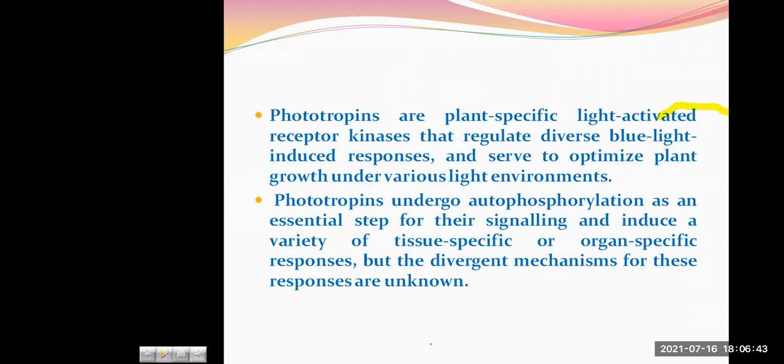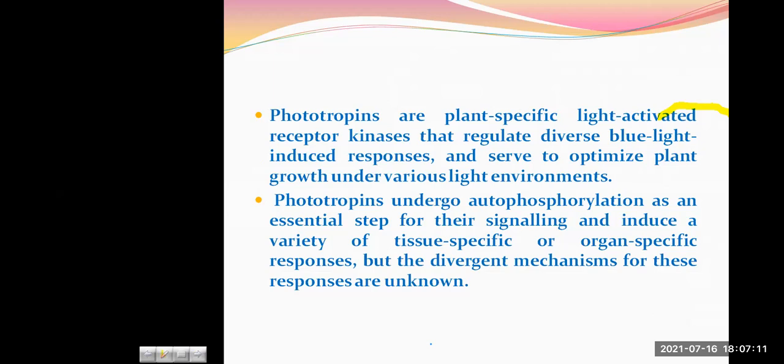For optimizing maximum light harvest, and for directing the plant to grow, and other tissue specific actions, they undergo autophosphorylation and induce a variety of tissue specific or organ specific responses. That is, those responses which are specific to a particular tissue. There are so many tissues in plants.